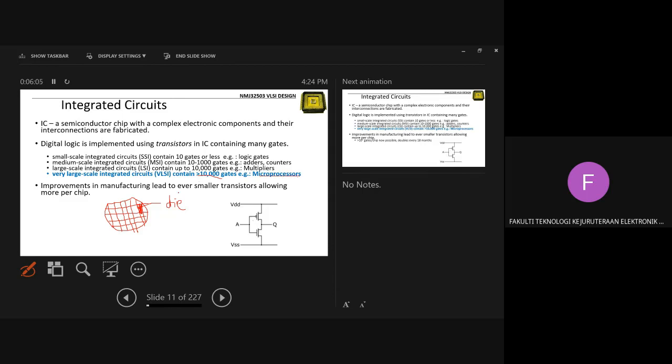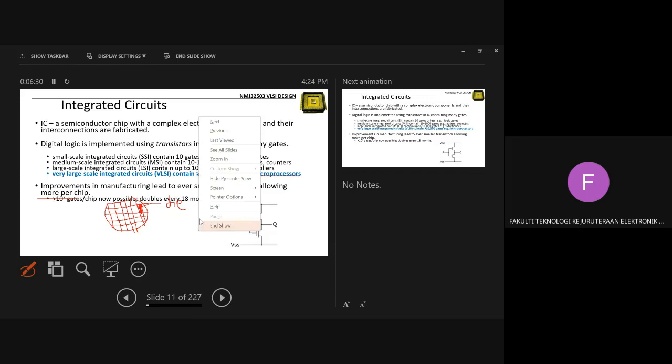Okay, so if we can reduce the size of the transistor, we might double the number of dies available or capable to be produced from this wafer. Okay, right? So that's actually mentioned by this word, allowing more dies per wafer.